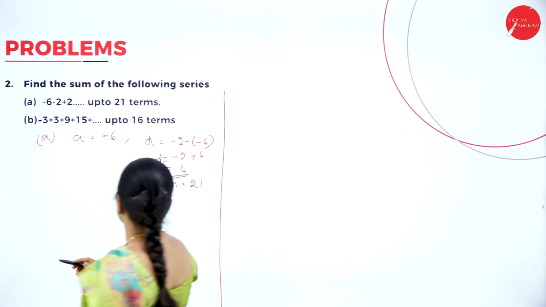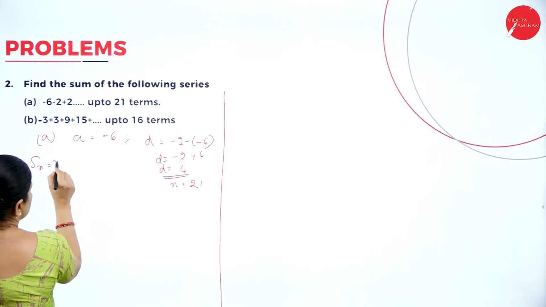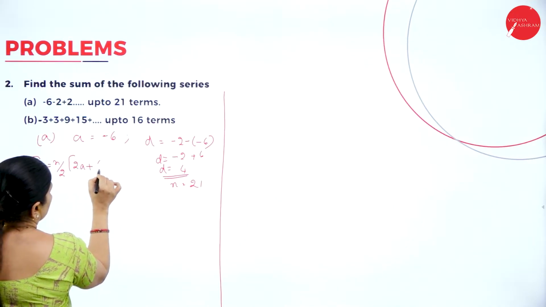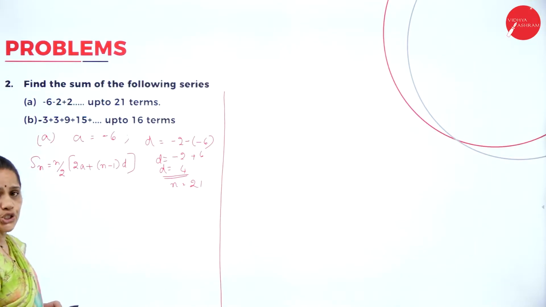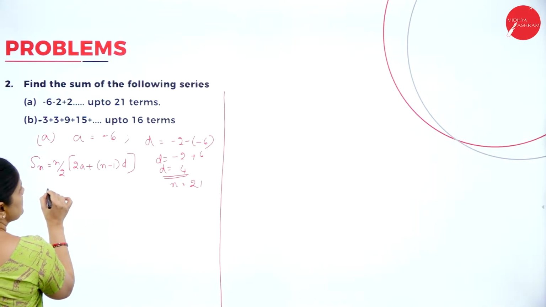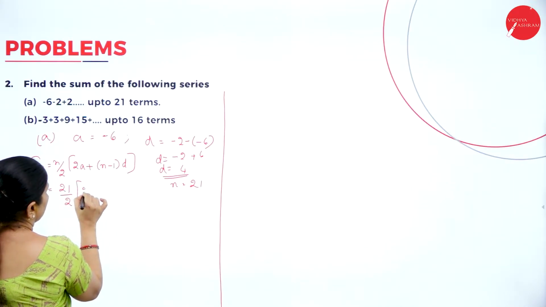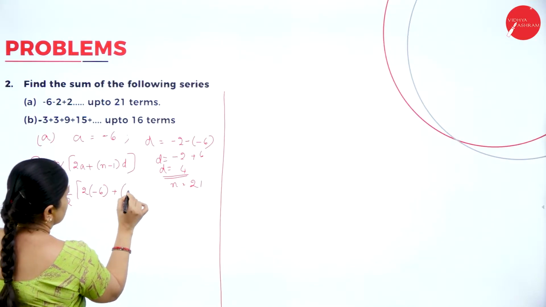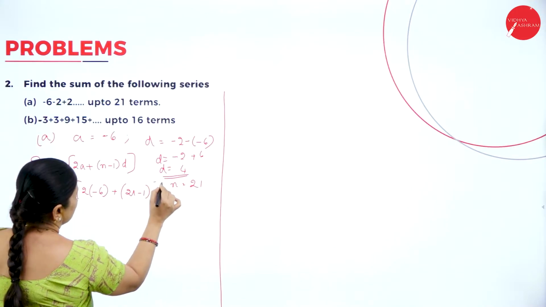So, I will use the formula Sn equals n by 2 into 2a plus n minus 1 into d. So, this will be equal to 21 by 2 into 2 into minus 6 plus 21 minus 1 into 4.